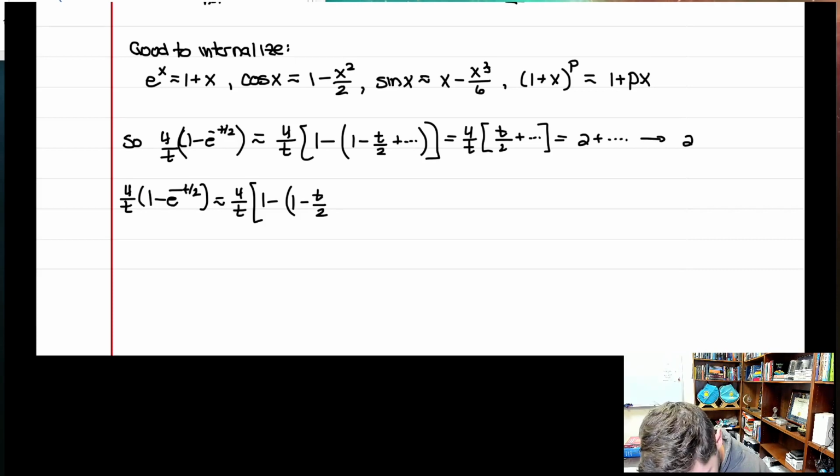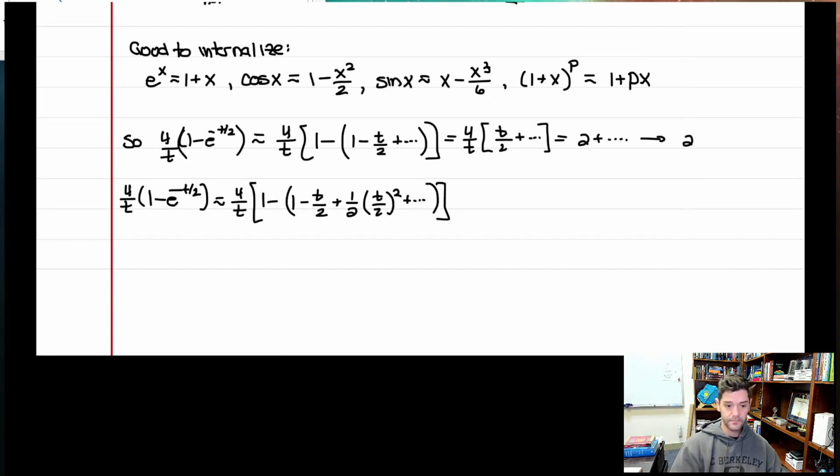So then I'm going to add in plus x squared over 2, so then this is t over 2 all squared, and then there's that 1 over 2 factorial up front. Dot, dot, dot. So here I've kept one additional term. Really, it's minus t over 2, but again, it's going to be squared away anyway.